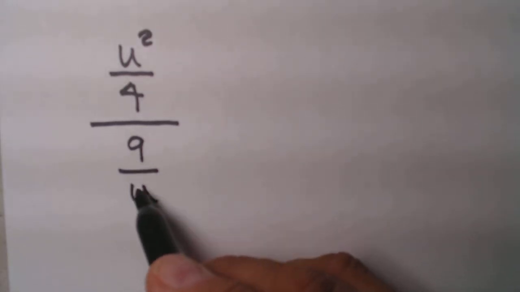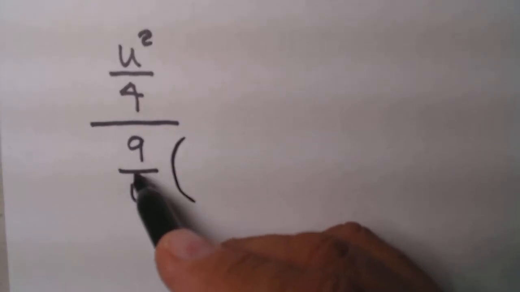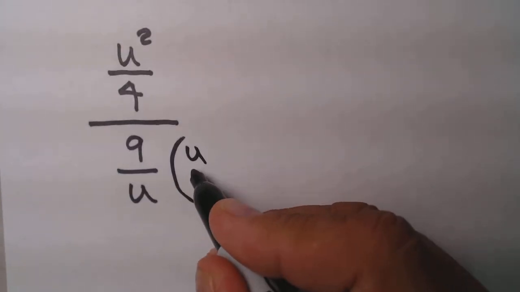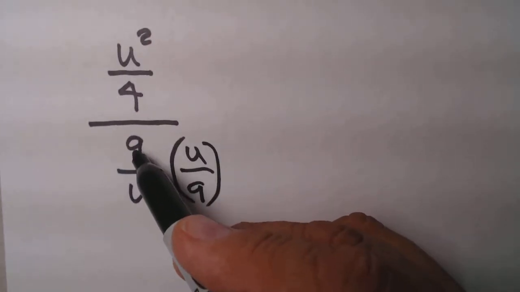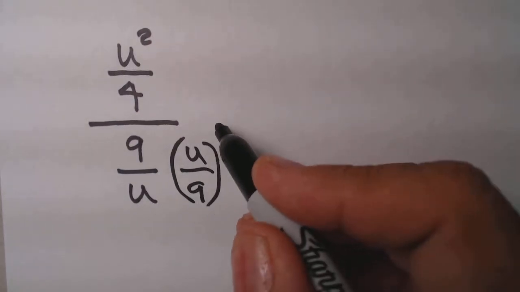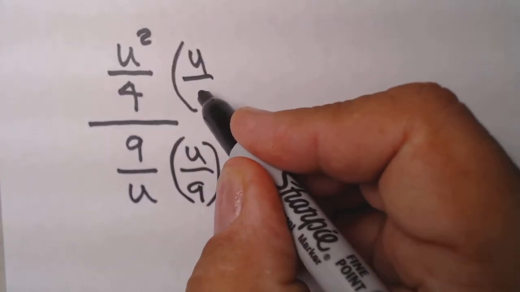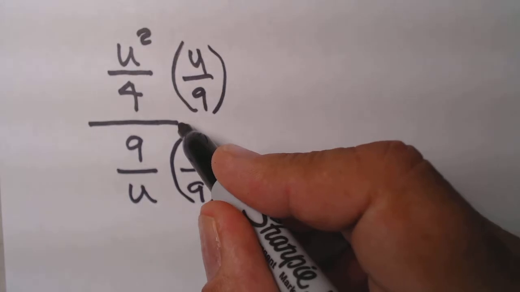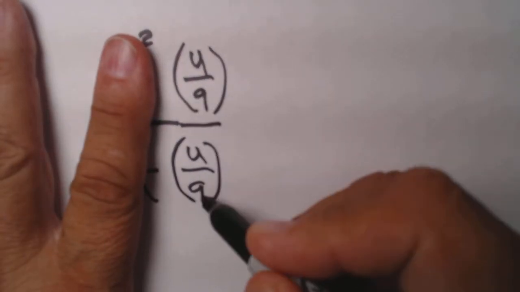So what we saw is the name of the game is to multiply both top and bottom by the reciprocal of the bottom. Okay, the reciprocal of 9 over u is u over 9. And I have to do the same thing up above, u over 9. So now remember, u over 9 times u over 9 right here, this equals 1.